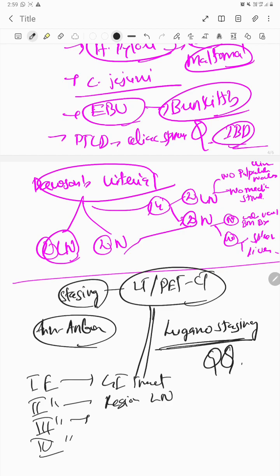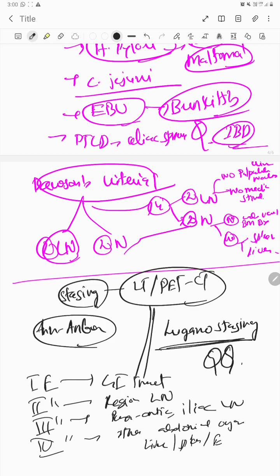In third stage, there is involvement of extra regional, that is your para-aortic or your iliac group of lymph nodes. Stage 4 will be involvement of other abdominal organs like liver, spleen or extra abdominal organs.